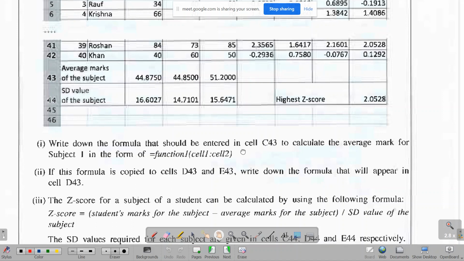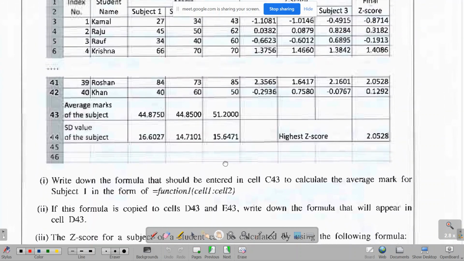So in the first one, they say write out the formula that should be entered in cell C43 to calculate the average mark for subject 1 in the form of equal function cell 1 colon cell 2. So they have given you a particular way, right? You have to write it like this. So cell C43 that they say, right? So that means right over here.